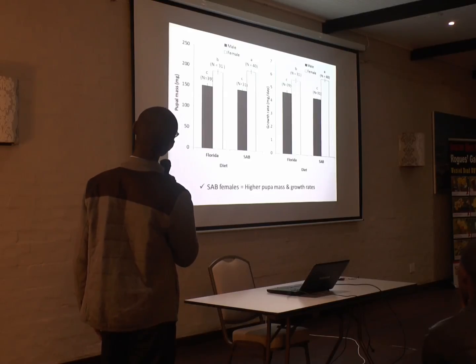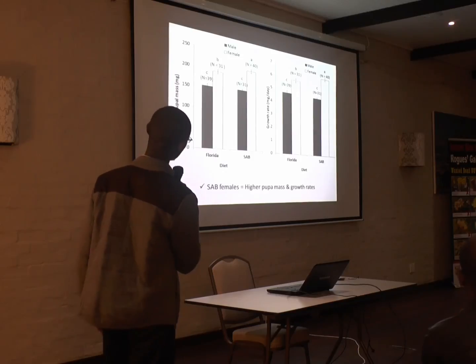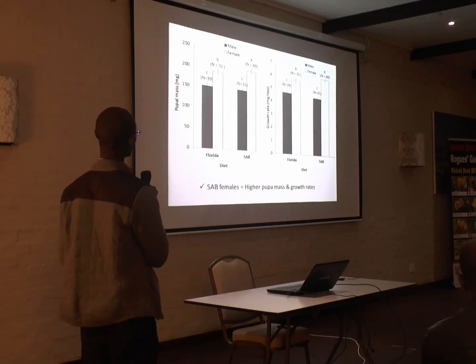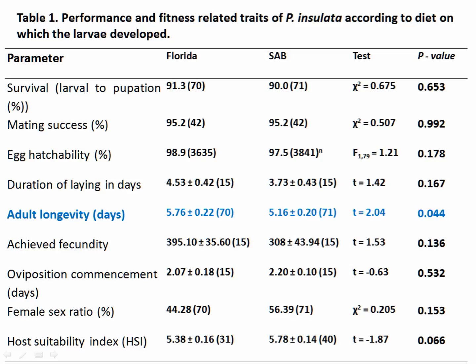It is also instructive to note here that female growth rate was higher irrespective of diet or biotype. The fact that female growth rate is higher than that of male is classic in capital breeders, because male body weight is not often correlated with fitness as compared to female.